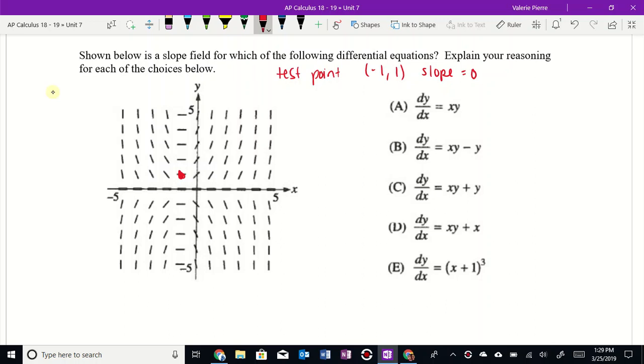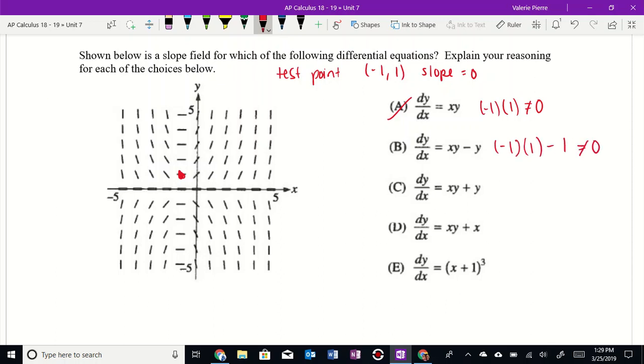So for dy dx for A, I have x times y, -1 times 1 does not equal 0, so A cannot be my answer. For B, I have -1 times 1, which is -1, which does not equal 0, so B can't be my answer.